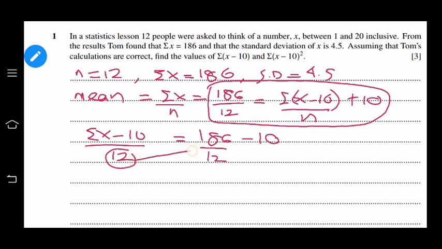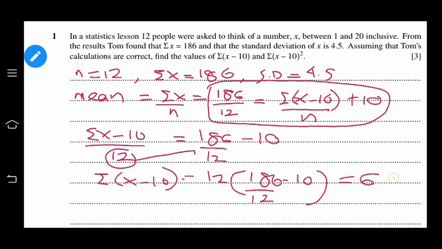Cross multiply by 12, we get sigma (x minus 10) is equal to 12 into (186 by 12 minus 10). We get this answer as 66. That means sigma (x minus 10) is 66.